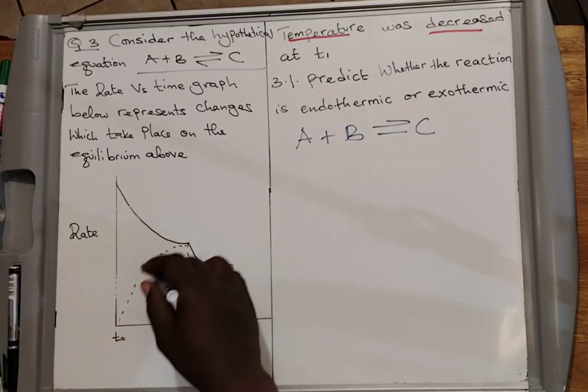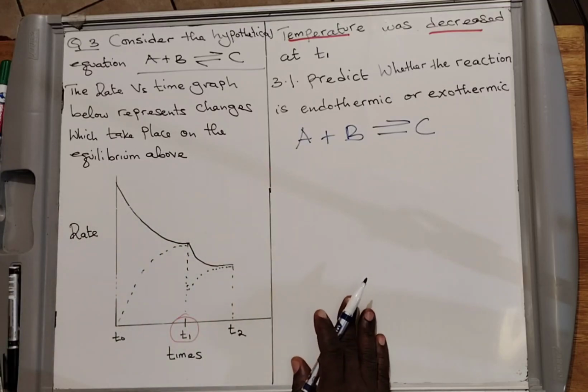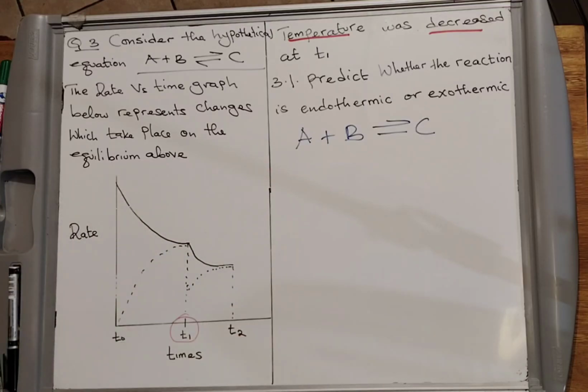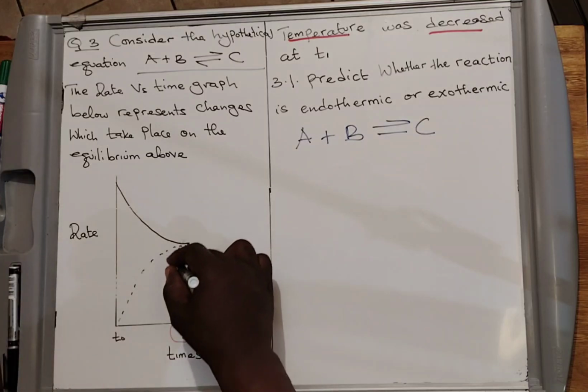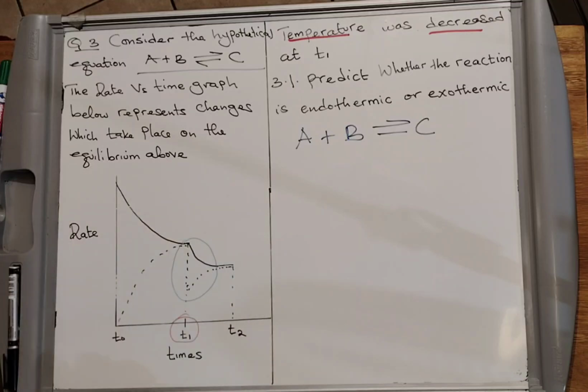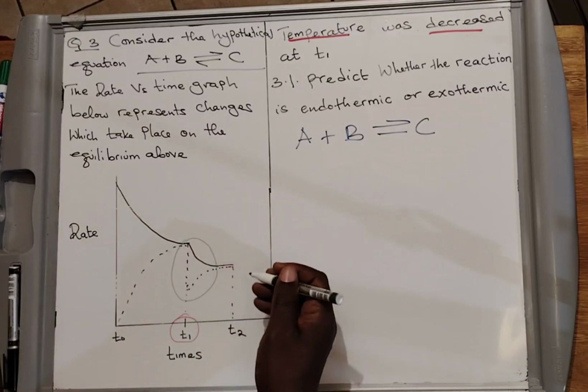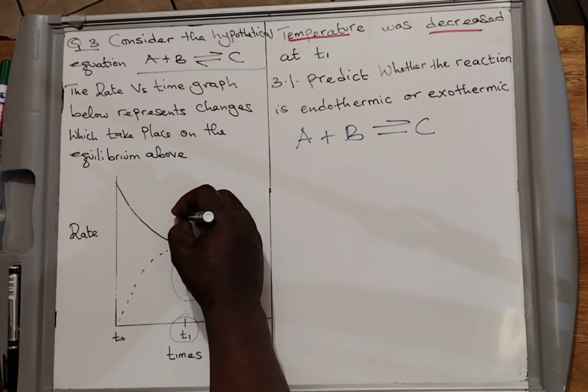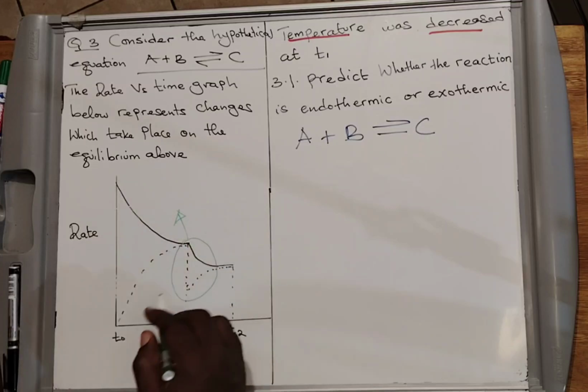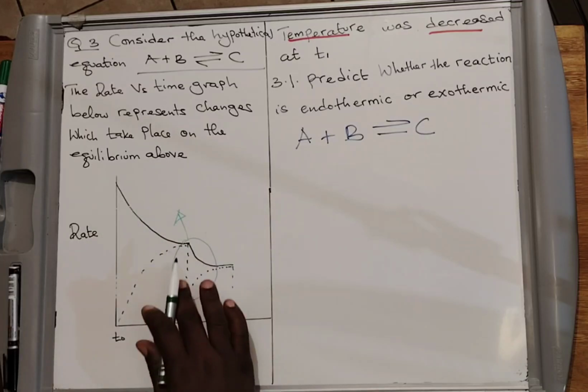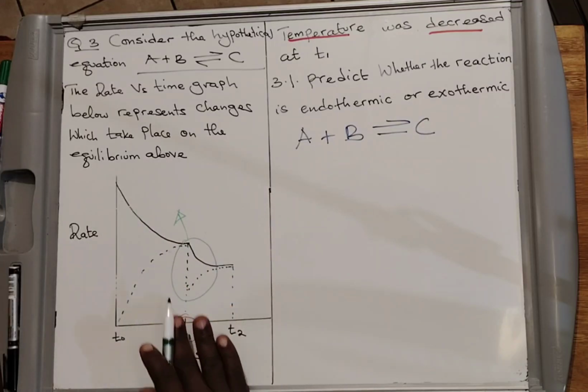We are supposed to get it from here. Now, when you look at our graph here, let us analyze this area. What do we see? Two pieces of information are supposed to be provided by this change.